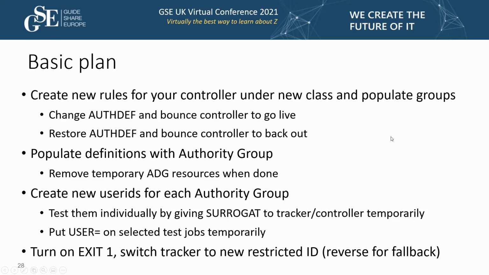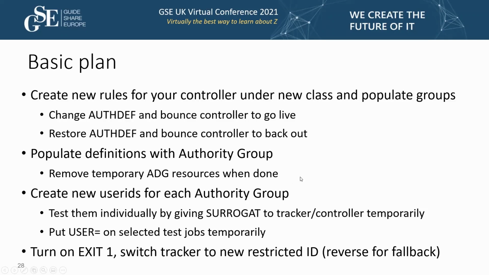There is one slight downside to that, and that is the application class you can't bounce in and out of because it's the name of the controller. But the application class is the highest level of access and would rarely change. So most people that have got update access somewhere in the controller would have it both before and after this change. You can then populate the definitions with authority group and remove the temporary ADG resources when done.